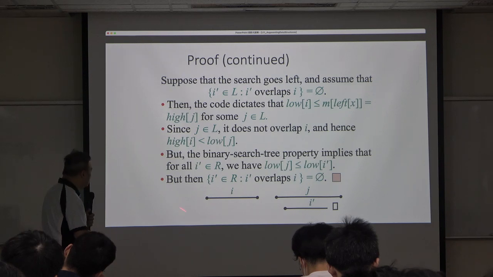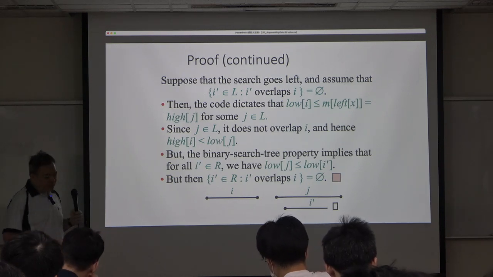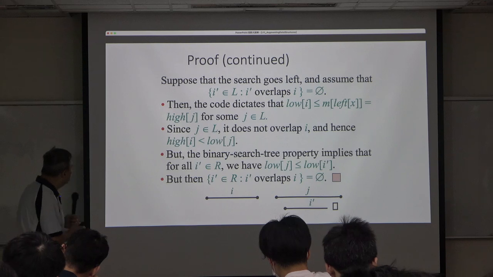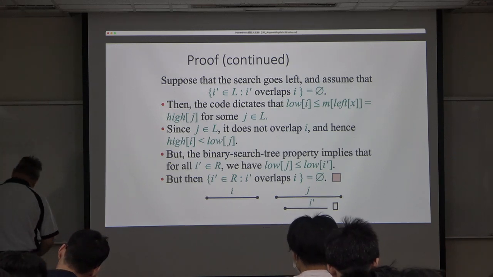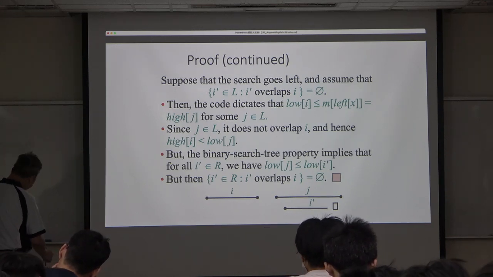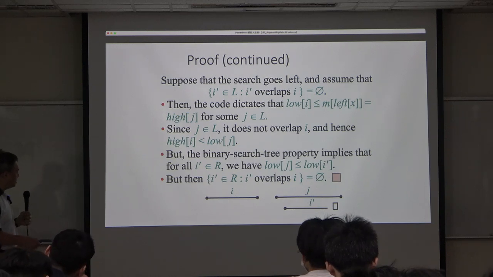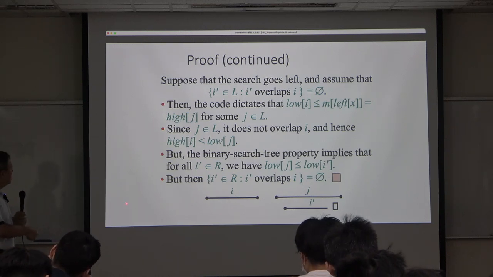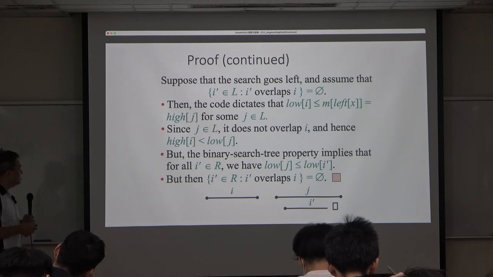So then we have this. It is impossible to have any interval in the right subtree that overlaps with the query interval. So that's it for the proof.